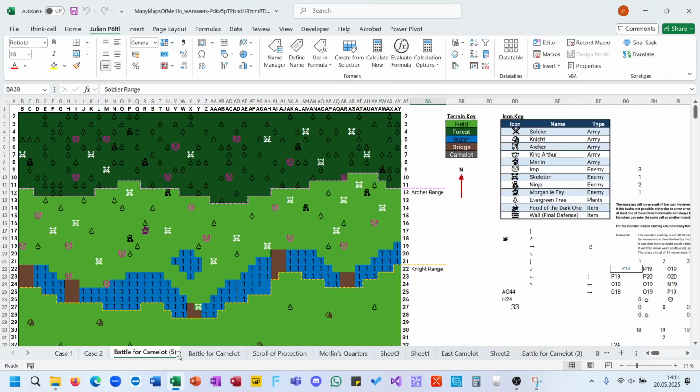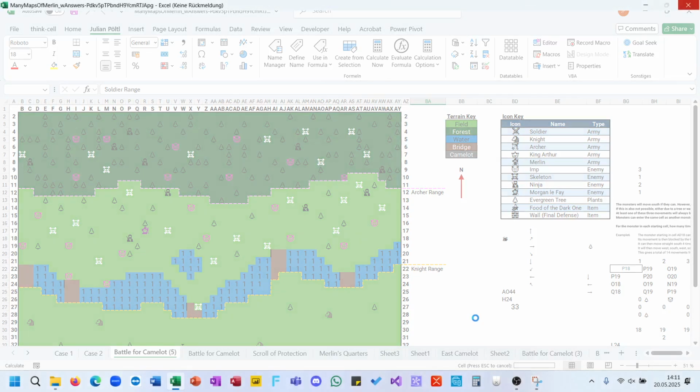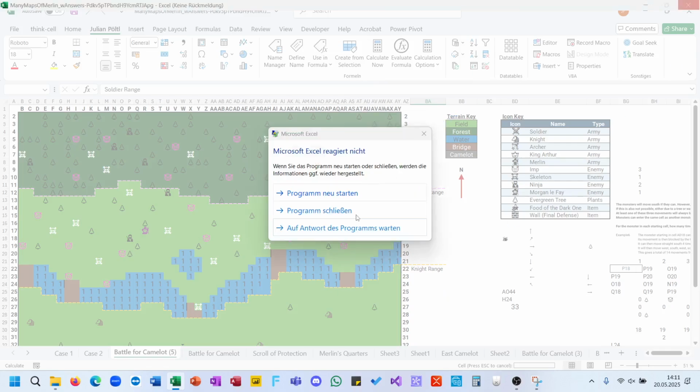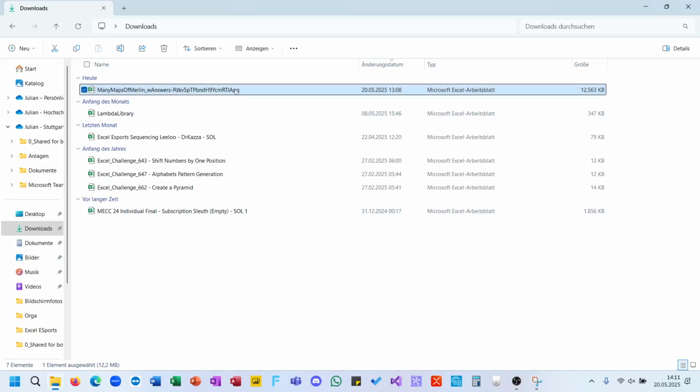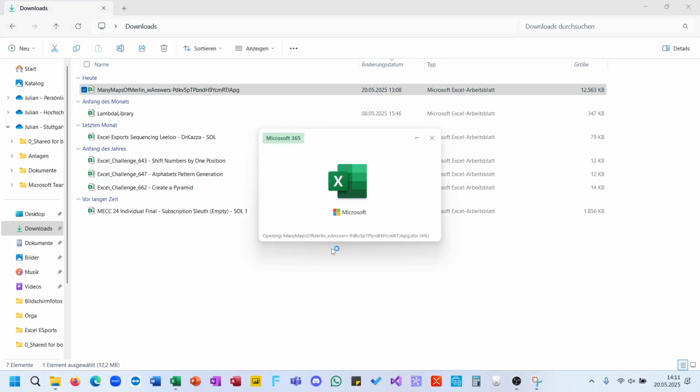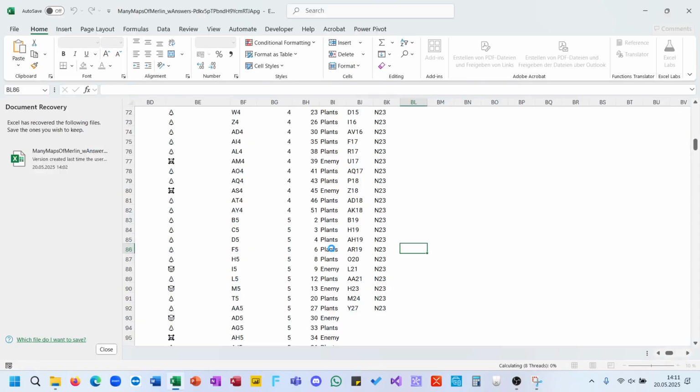Okay. I think I want another map. Oh boy. Yeah, okay. That was clear. I shouldn't have copied the data table.